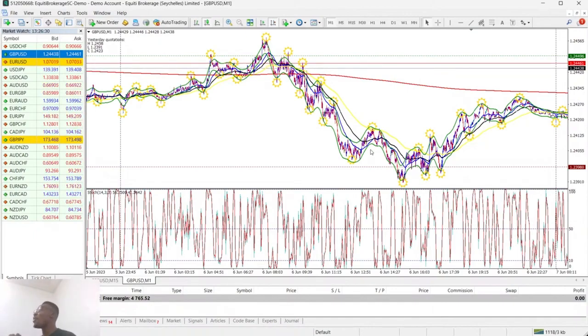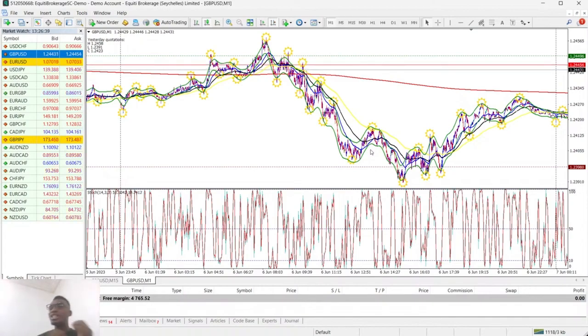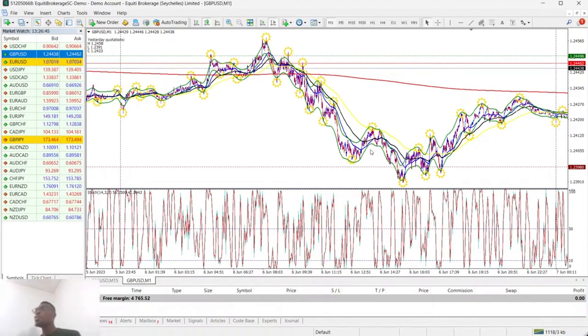I'm giving you high probability setups. Sure, the price could move up, but if it is not with your trend, ignore the setups. So in a downtrend, on the 1 minute, ignore the sunshine that tells you to buy. In an uptrend, on the 1 minute, ignore the sunshine that tells you to sell.